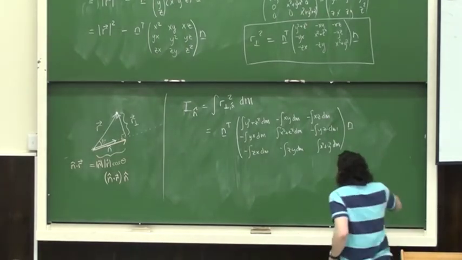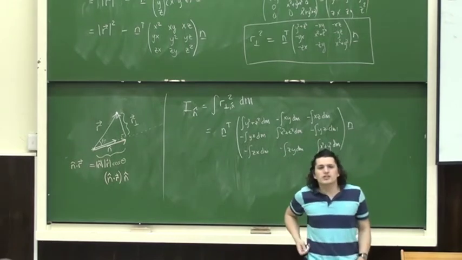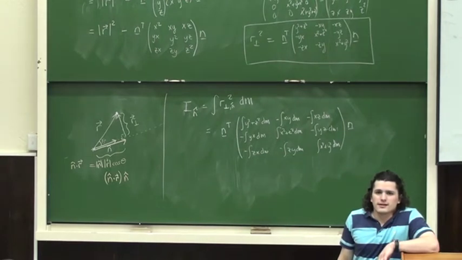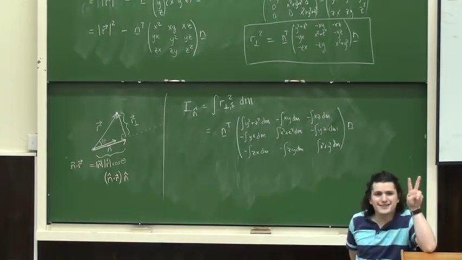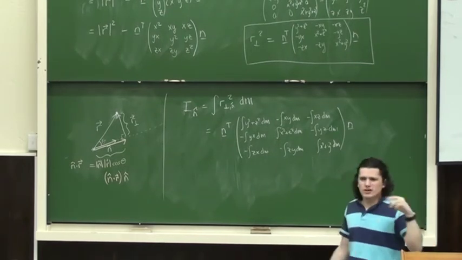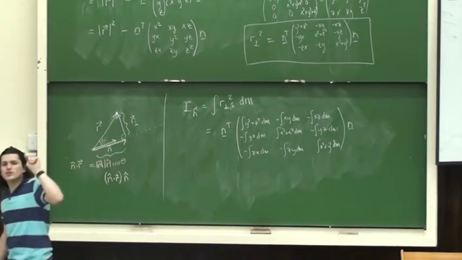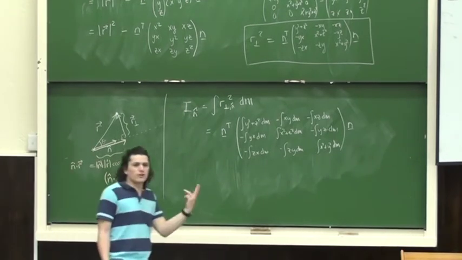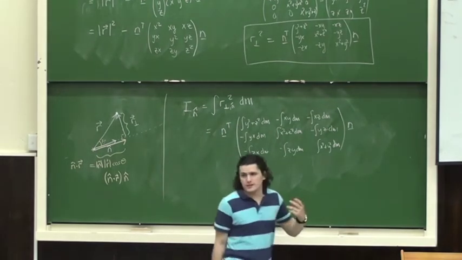So this matrix, we call it the moment of inertia tensor. It's a tensor because it has two indices, the matrix. Right? Tensors in general, we're not going to get into them now. I'll just tell you that a tensor of order 1 has one index, a tensor of order 2 has two indices, a tensor of order 3 has three indices, like a matrix that is actually a cube, and so on and so forth.